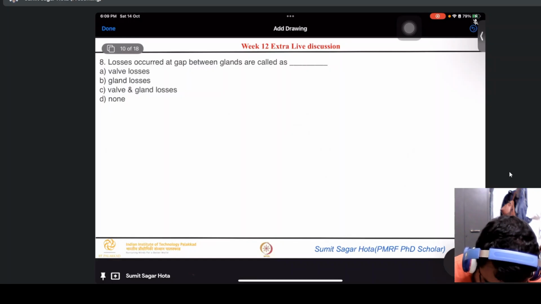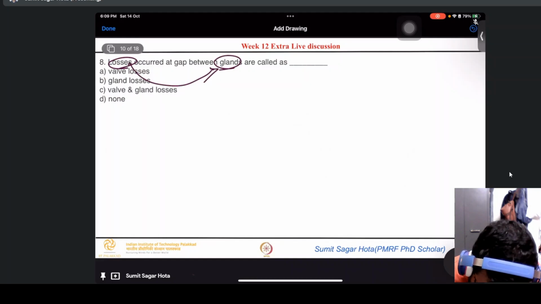The losses occurred at the gap between the glands are called as what? Obviously if there is a loss occurring at the glands, loss is there, glands are there, you combine it together and it will be gland loss. That's it.